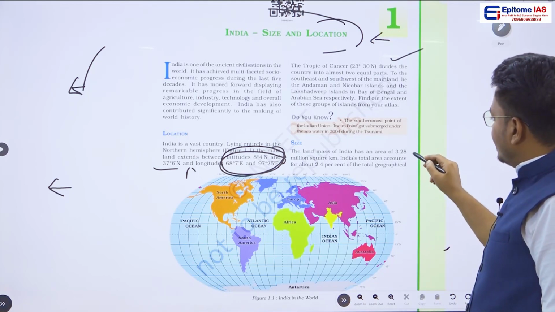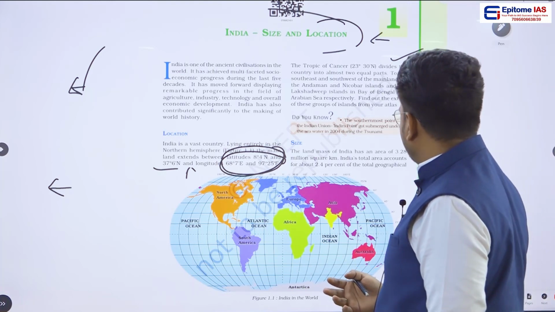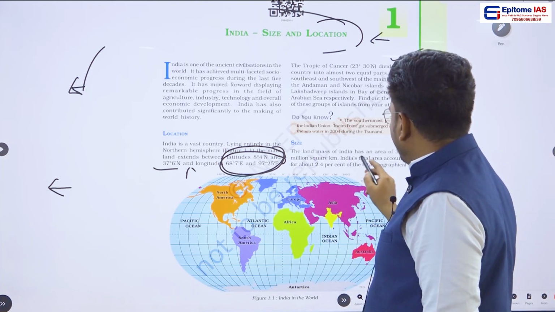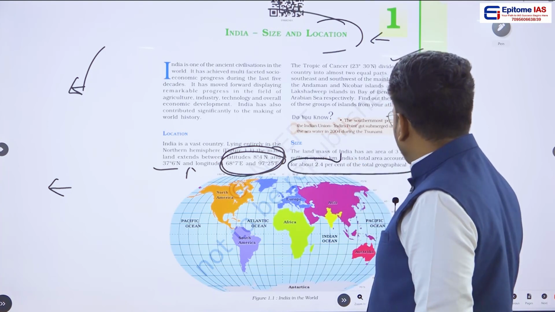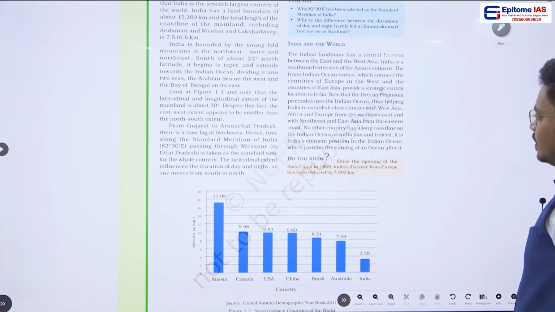We also read that 3.28 million square kilometers is the area of India, which accounts for 2.4% of the total geographical area available on land.